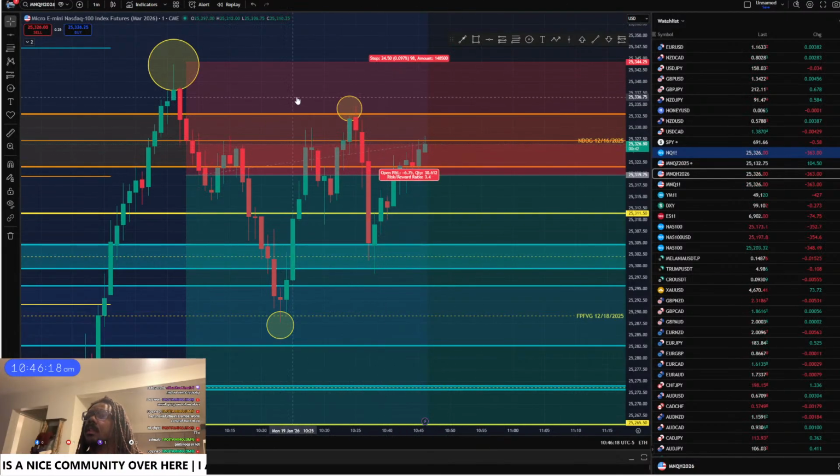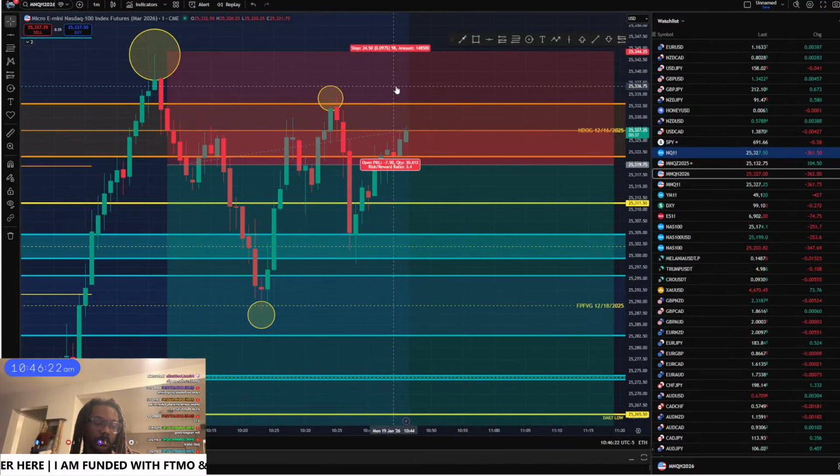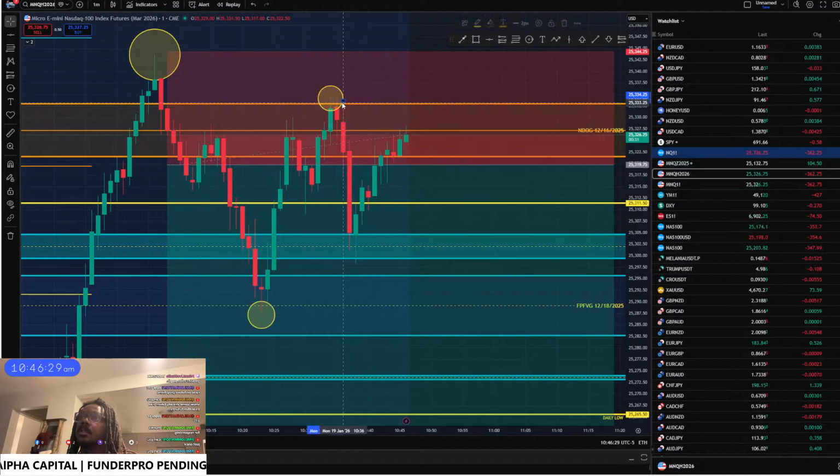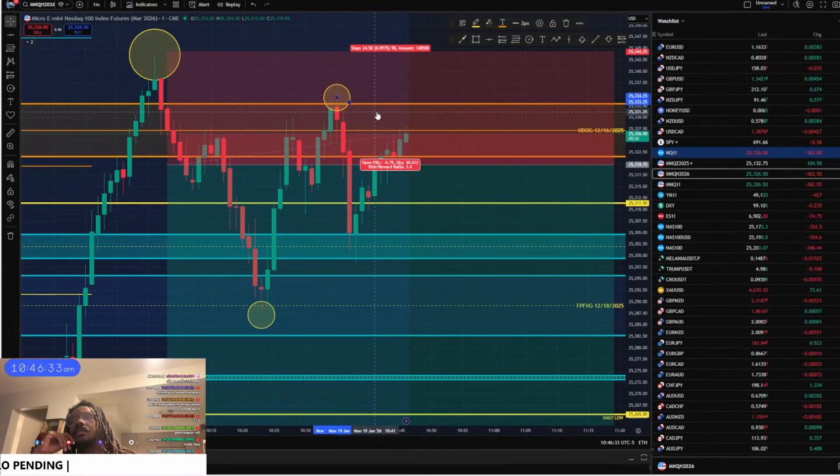So if this liquidity gets swept, but we don't hit this, I'll be okay. But I would prefer to see this high right here not even get broken. But it just feels like they're going to sweep this liquidity one more time.